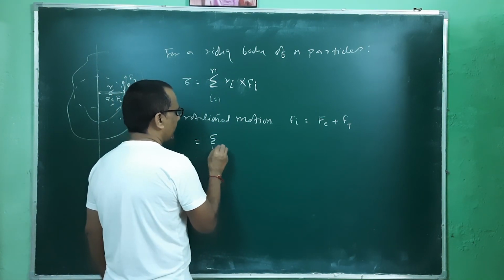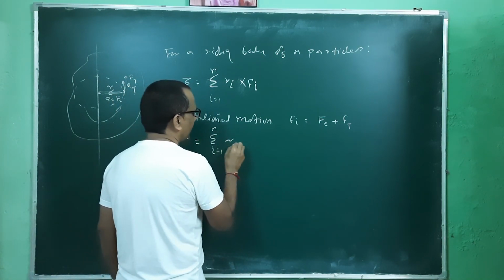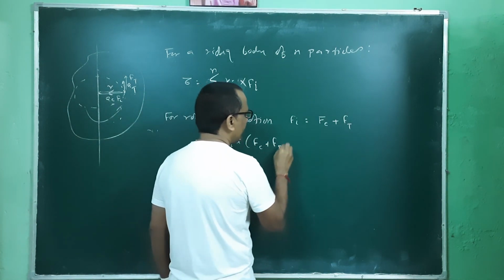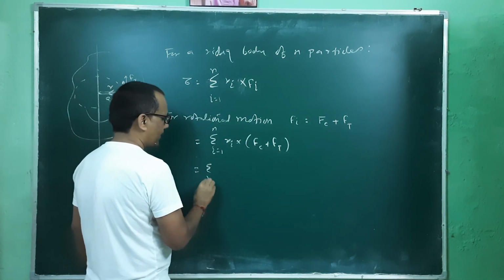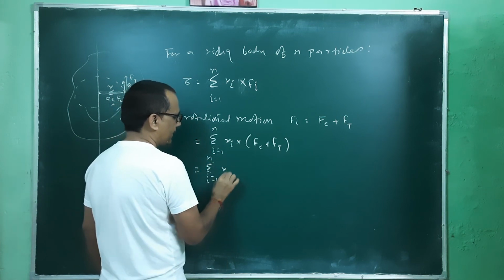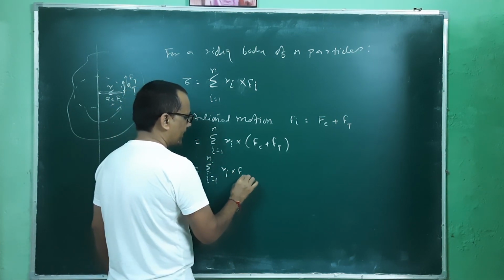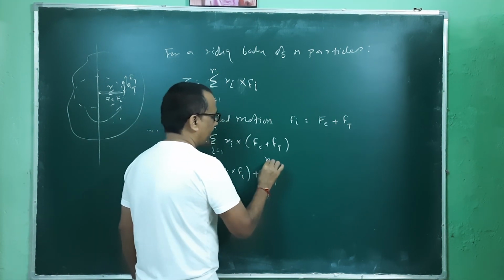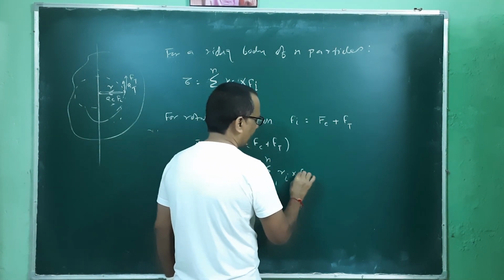So this is the summation of i from 1 to n of Ri cross Fc, plus the summation of i from 1 to n of Ri cross Ft.